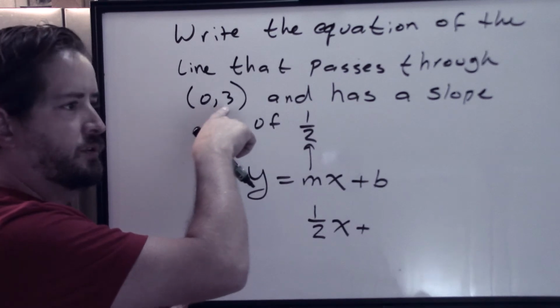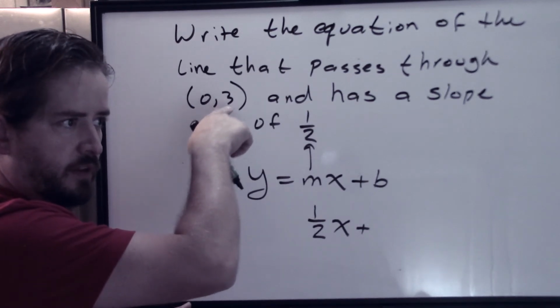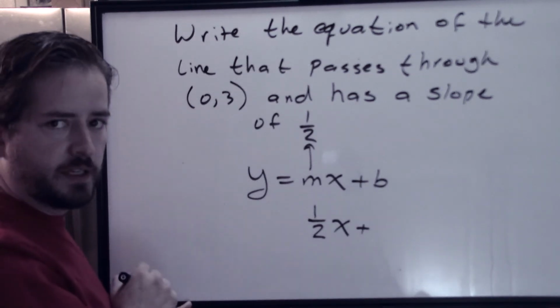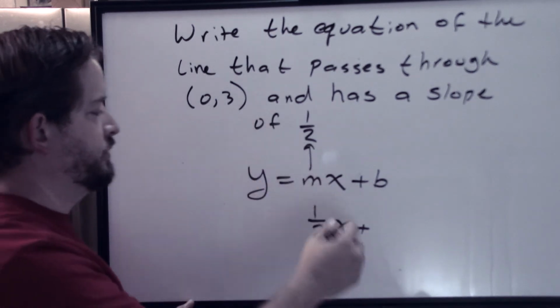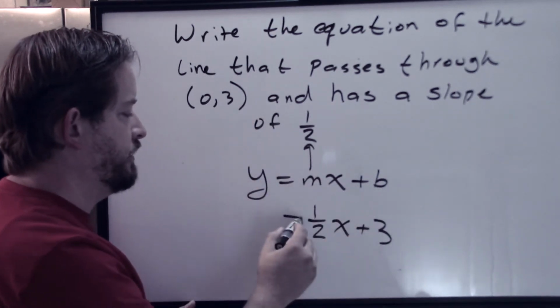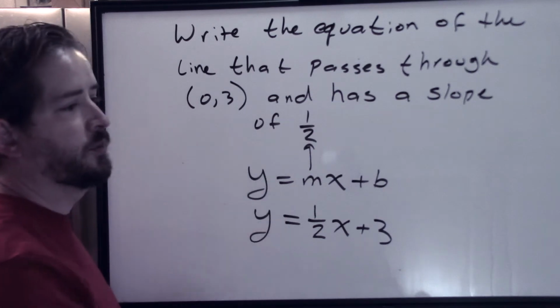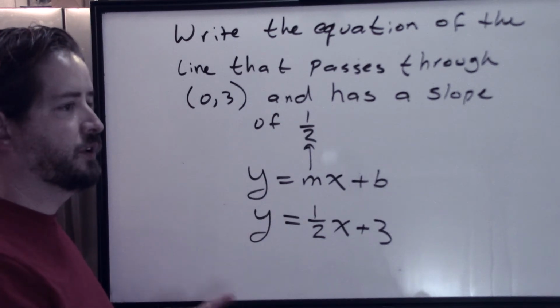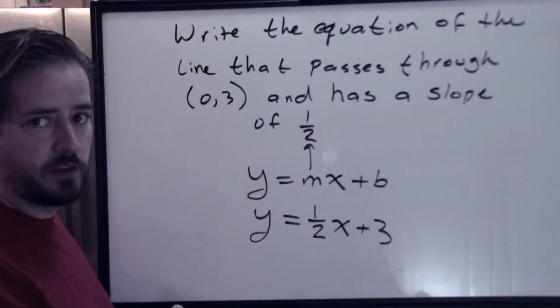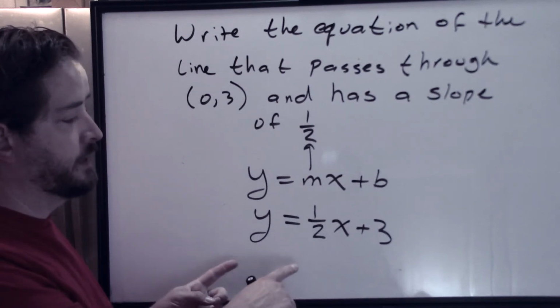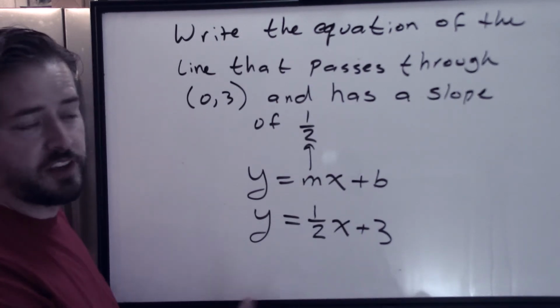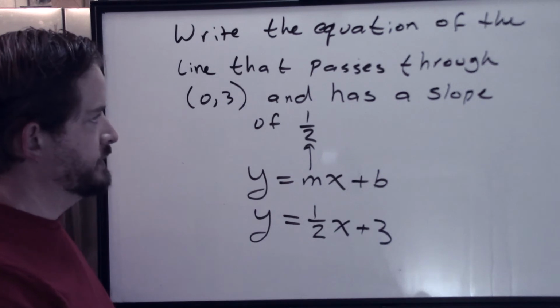And the point 0 comma anything, that anything over here is the intercept. And so I have an intercept of 3. And in fact, I have the entire equation handed to me. And all I have to do is figure out the slope and the intercept of any line in order to write it in the slope-intercept form. In this case, I'm done just that quick and easy.